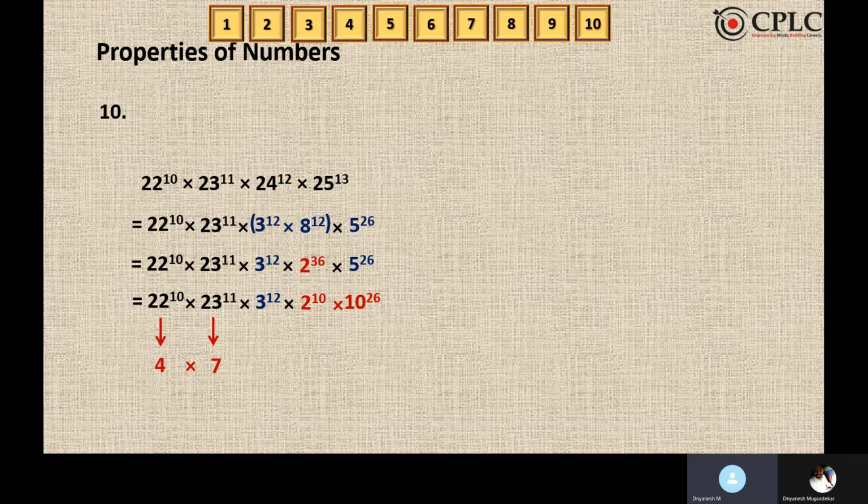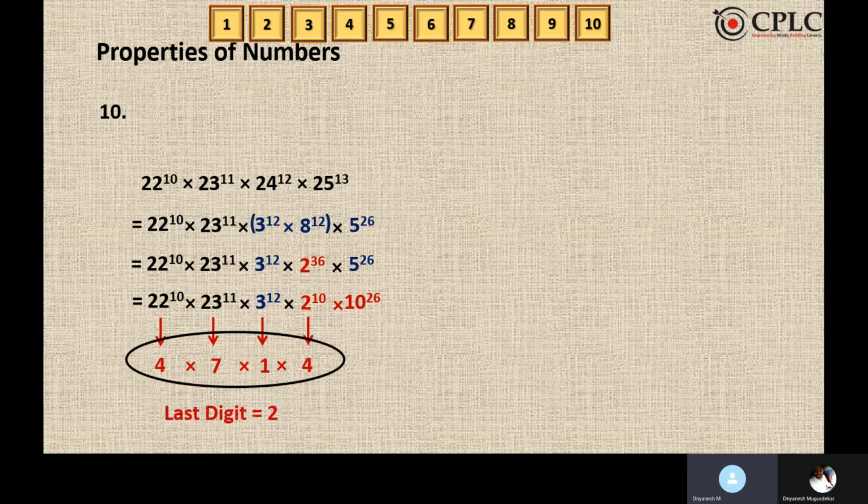For 3 raised to 12, last digit will be 1. And for 2 raised to 10, again the last digit will be 4 only. When you multiply these numbers, 4 into 4, 16. That is 6. 6 into 7, 42. Then the last digit of that answer has to be 2, which is answer option first.